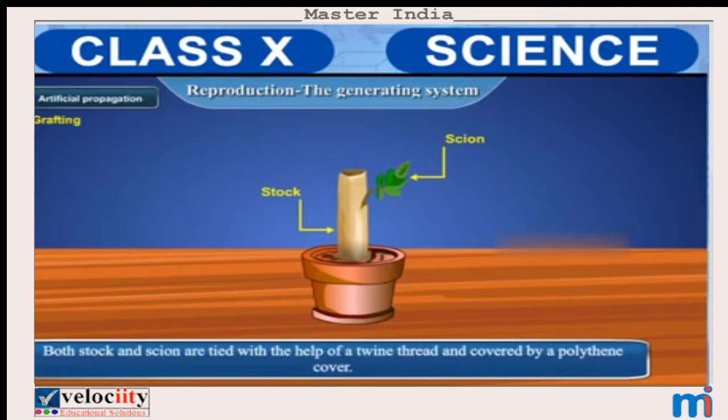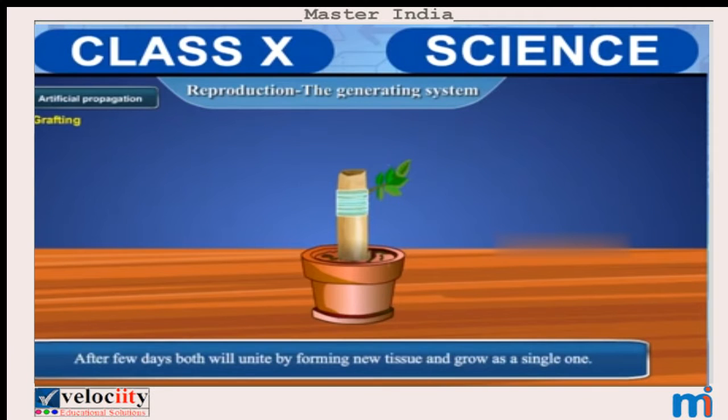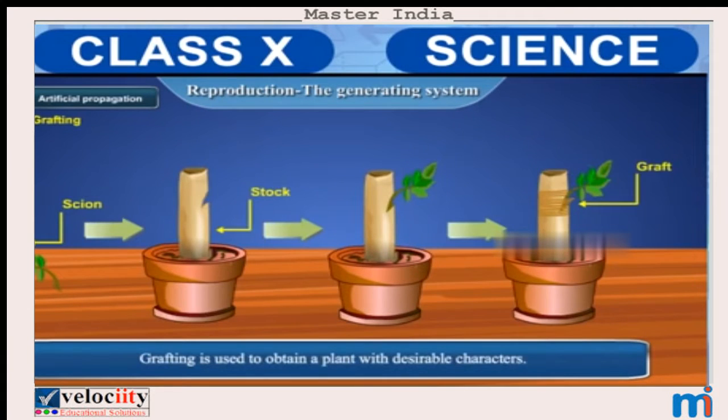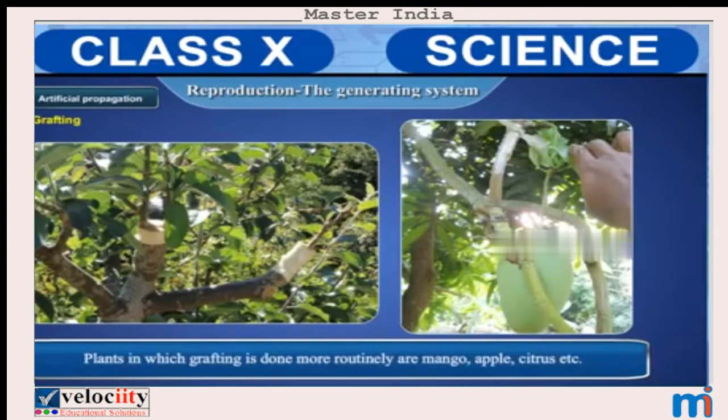Both stock and scion are tied with the help of twine thread and covered by a polythene cover. After a few days, both will unite by forming new tissue and grow as a single plant. Grafting is used to obtain a plant with desirable characters. Plants in which grafting is done more routinely are mango, apple, citrus, etc.